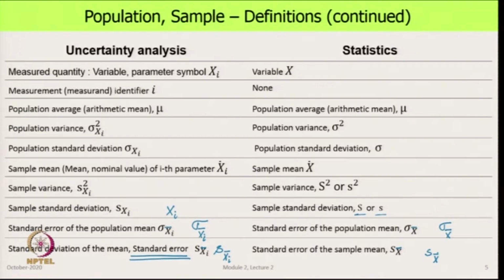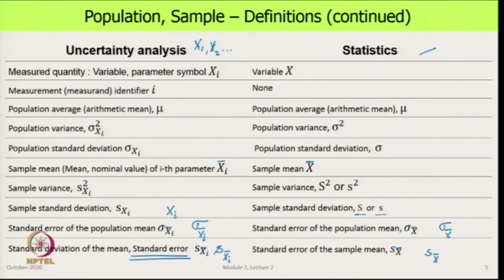So, the main thing we are doing in uncertainty analysis compared to statistics is largely clarifying that it is not just one default variable as statistics takes it, but that we have many parameters in an experiment, and each one of them is a variable as far as statistics goes, and we differentiate the statistics of each variable with a symbol. So, that is what we have done here.